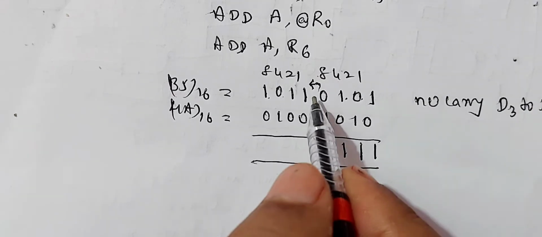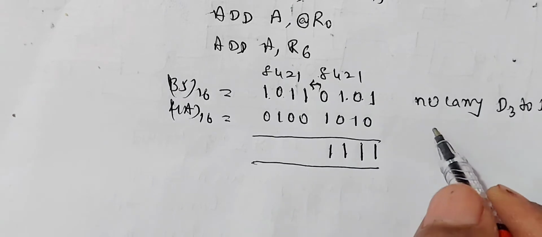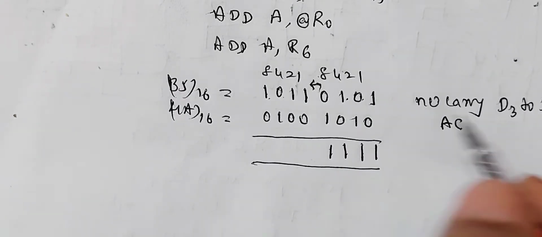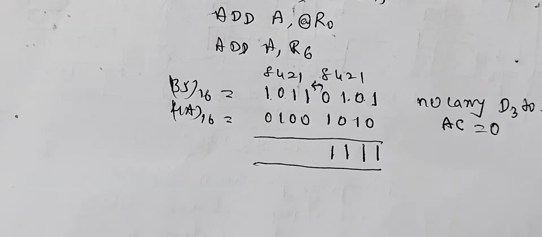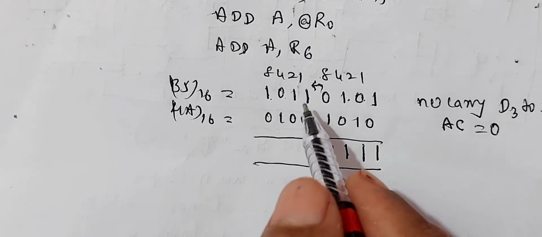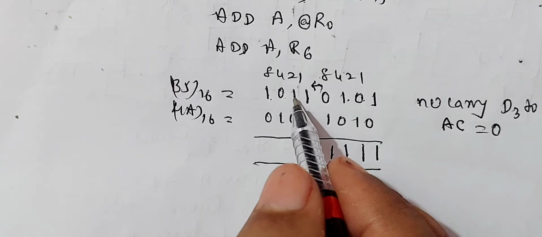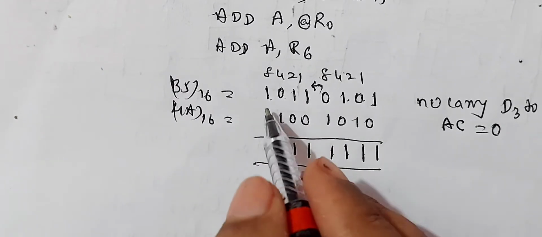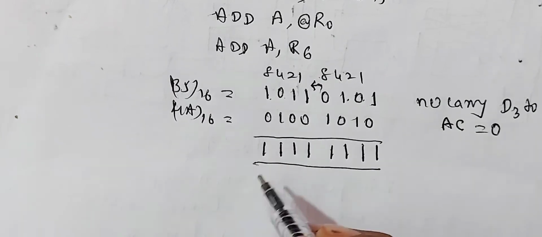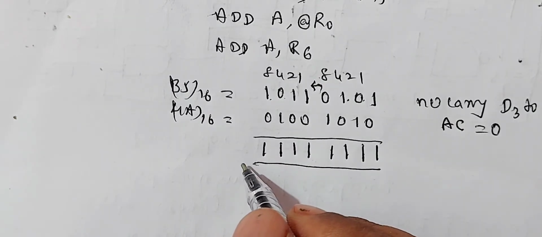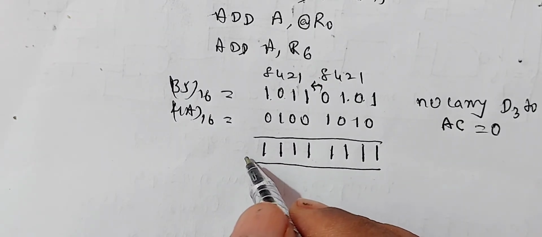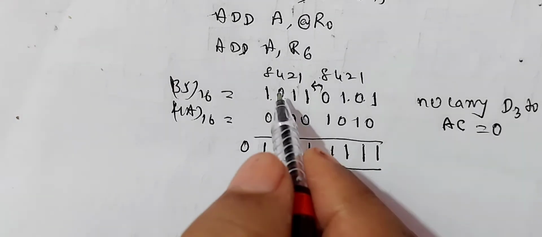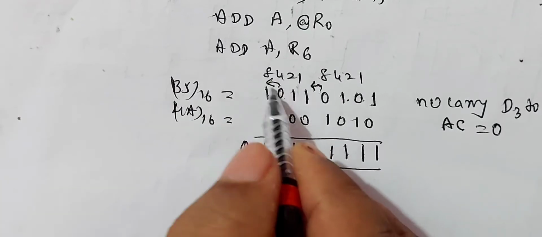The carry from D3 to D4 is represented by the auxiliary carry flag AC. Since there is no carry, auxiliary carry is equal to 0. Now go on adding, and the carry is 0. Is there any carry from D6 to D7?